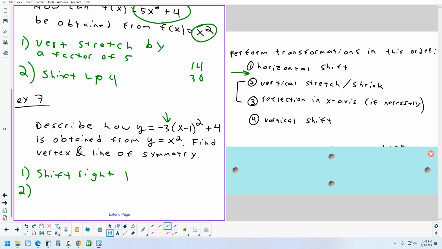What's that sentence I used to describe the vertical stretch? Yeah, vertical stretch by a factor of 3.